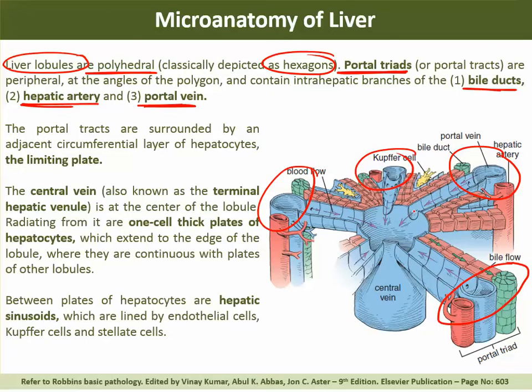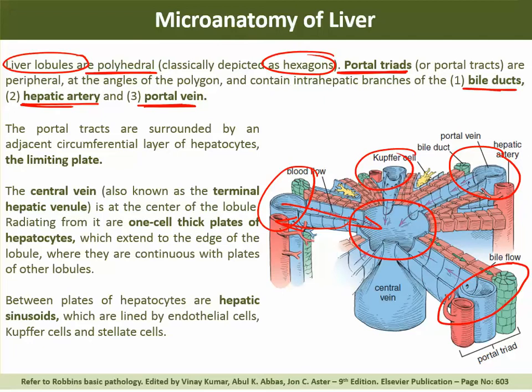In the center you will have a central vein. So from the portal triad, the portal vein goes to the central vein, and bile canaliculae will come to the duct, and the hepatic artery goes along with the portal vein.